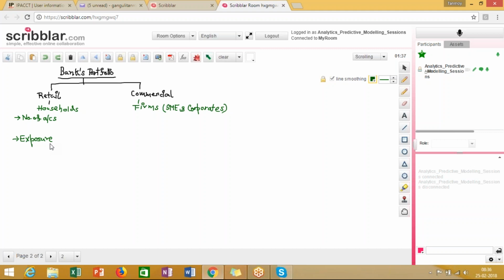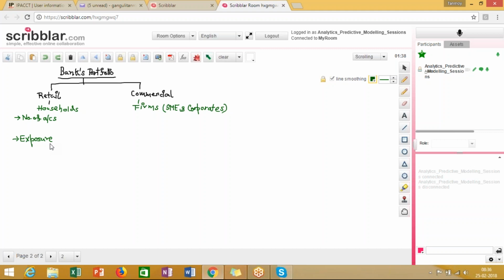For commercial portfolios, the number of accounts, the number of obligors, is relatively small, whereas the exposure per account is very large. So this is how we define the bank's two portfolios. Based on each of these portfolios, there are different kinds of products available, and each of these products has its own sources of riskiness.